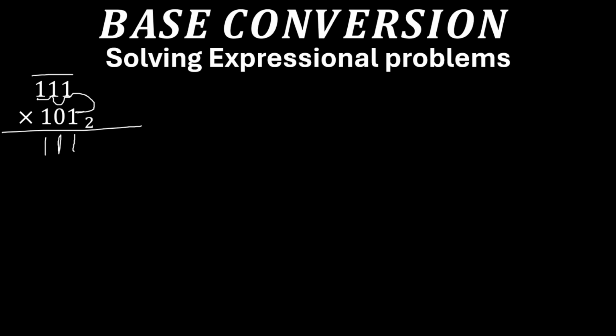What is next is to use this 0 to multiply all these digits here. We start under the second digit, to let us know that this is the digit we are using for multiplication. Anything multiplied by 0 is 0. So the last one here is what?